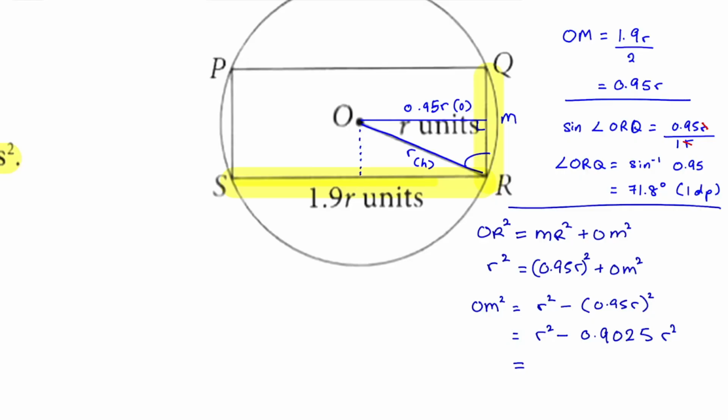So r square is just 1 over here, so I'm going to take 1 minus 0.9025, so it'll be 0.0975r square.